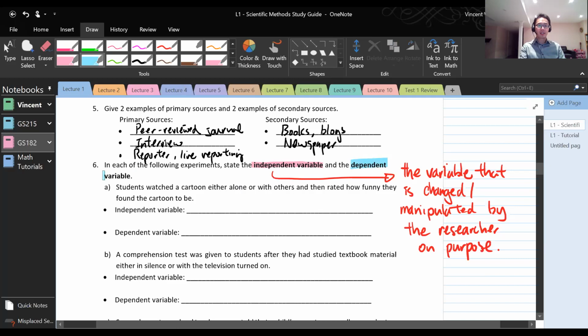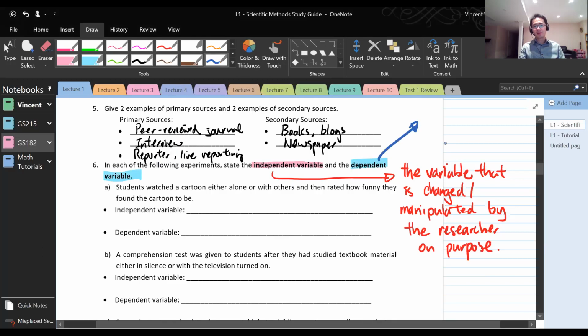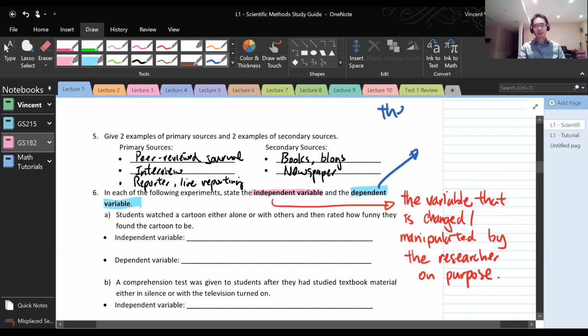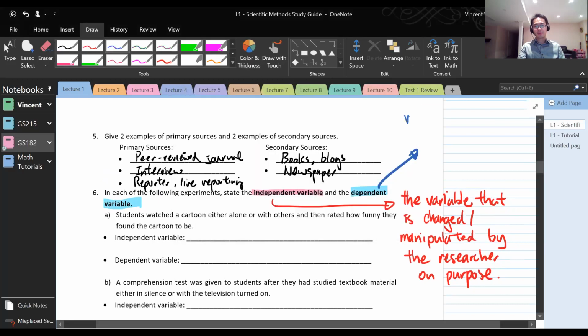The dependent variable, on the other hand, is the variable being observed or measured.